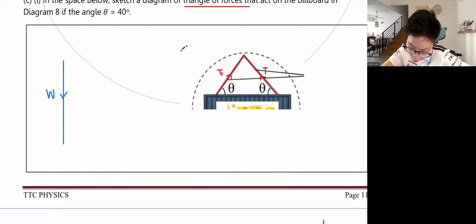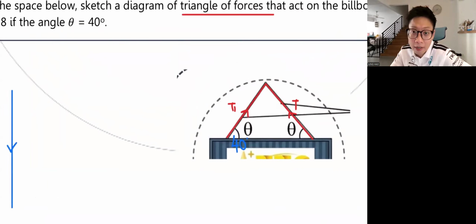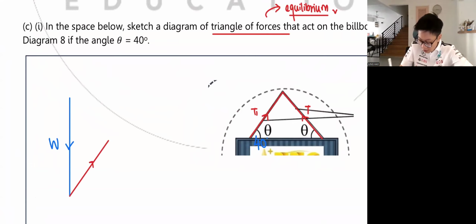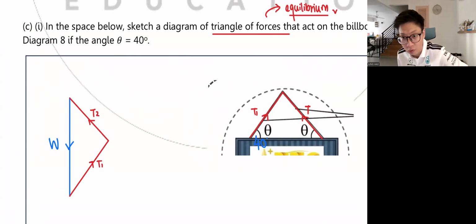No matter which one you draw first, it doesn't really matter. They already tell you that this theta is 40 degrees. So I'm going to draw W, then T1 upwards, somewhere here. So this is going to be T1. Then it will end with T2, going in the same direction.